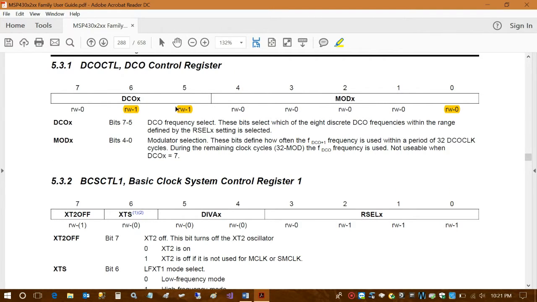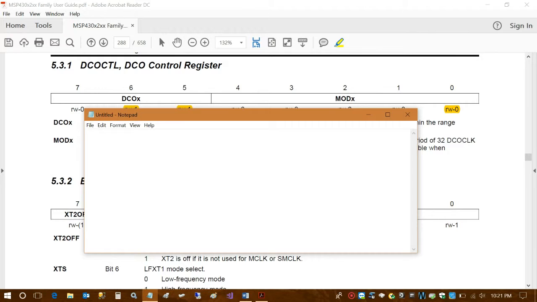You can write any value over here. I will show you.